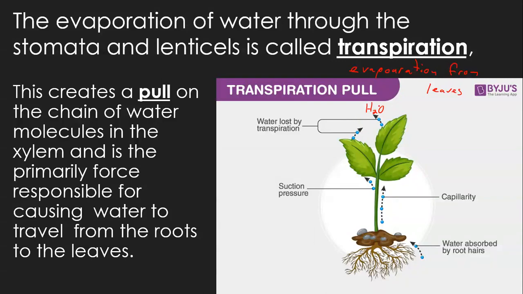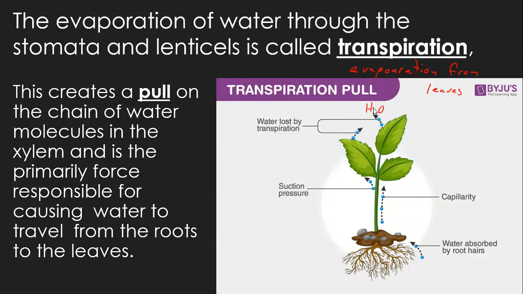Now remember, just like a paperclip chain, water molecules are linked to other water molecules. So when one water molecule leaves through the stomata, it has a tendency to drag other water molecules with it. And they're linked in a big long chain all the way down the xylem. So as one water molecule leaves, all the other water molecules shuffle up the xylem, right?